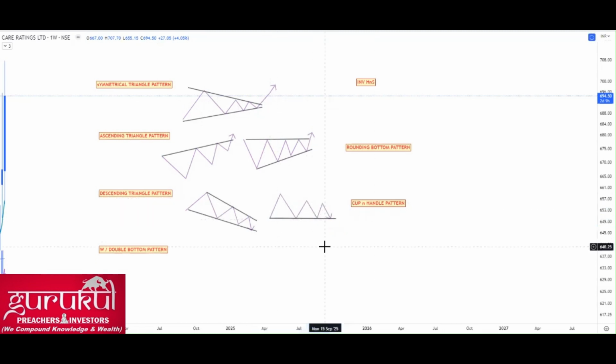So this is also a descending triangle pattern. These are the two variations in the descending triangle pattern. This is a double bottom or W bottom.